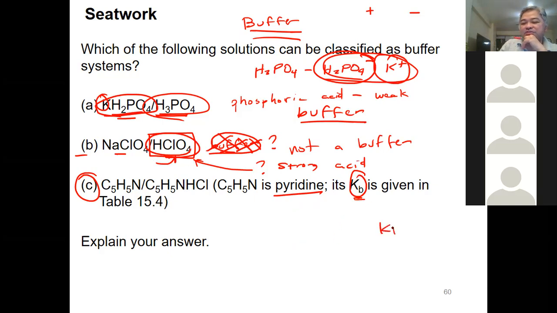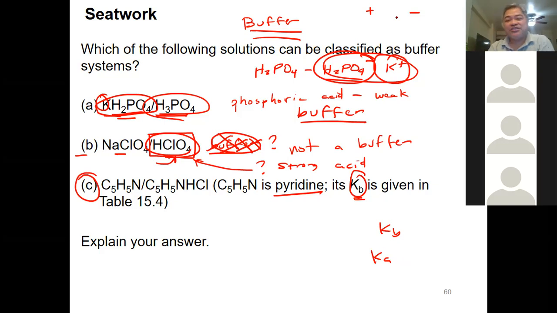So when you have a Kb, most likely it's a base. If you have a Ka, most likely it's an acid. So the question, is it a weak base or a strong base? Ano sabi ko sa inyo kanina? If the Ka is given, most likely it's a weak acid. If a Kb is given, you can also say most likely it is a weak base.